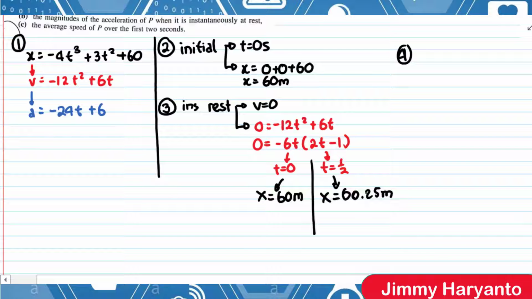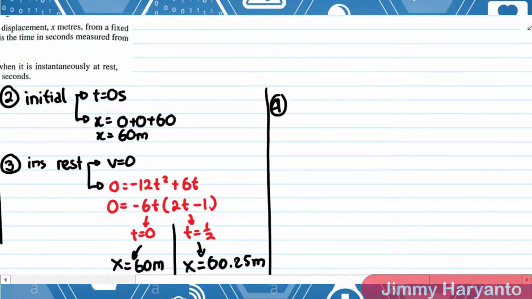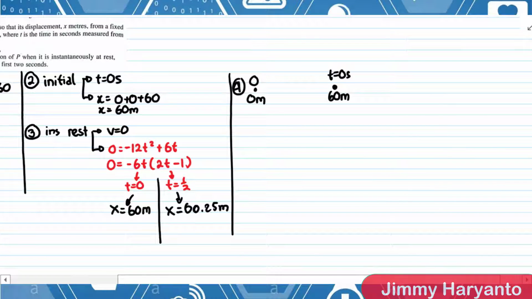Okay, now it's time for us to sketch a little bit. So for the sketching, we will have a motion like this. It starts from 60 meters, from this point, and I will put the O right here, 0 meters. That means it starts from 60 meters away from O. It will start moving to the right side until the time is half seconds, which is at 60.25 meters.